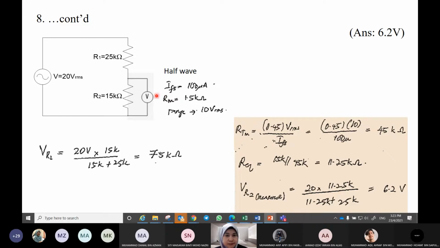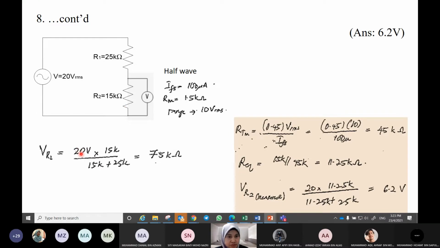So we have to find the R total of the meter. But first, this is the actual voltage of R2 from calculation or from the theory. This is the voltage divider principle. To find VR2, we take 15K divided by 15K plus the resistors connected in series with it, which is 25 kilo ohm, and multiply with the voltage source 20.